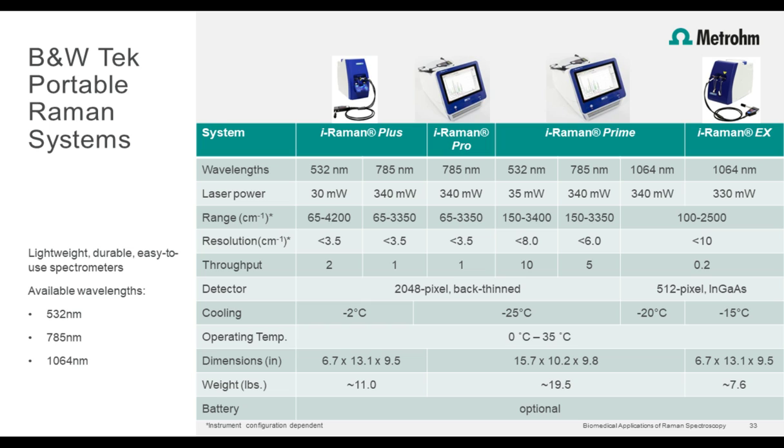And these systems are all lightweight, all durable, and all portable, so that you can take them easily from the laboratory where you're doing your R&D work and then move them into those first rounds of studies, say, in hospital.